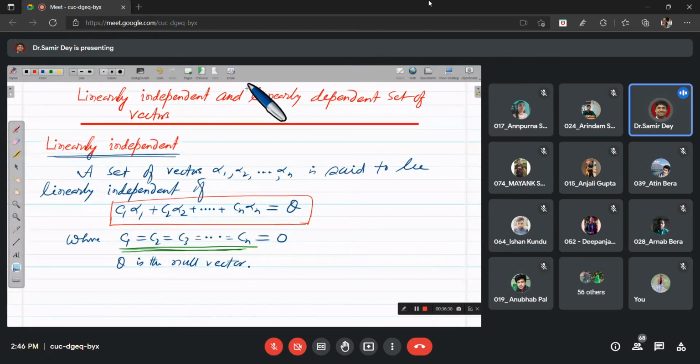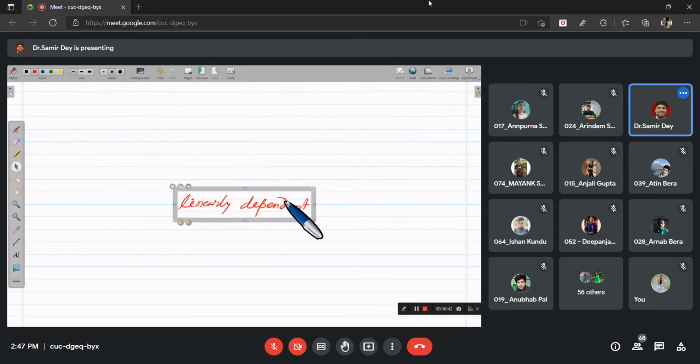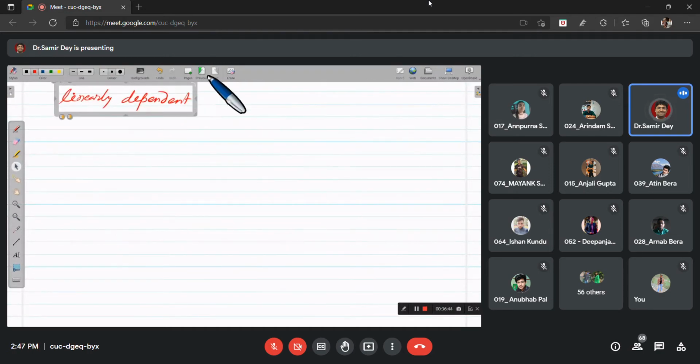Now write down the next part, the linearly dependent part. Please write down carefully. Very interesting.